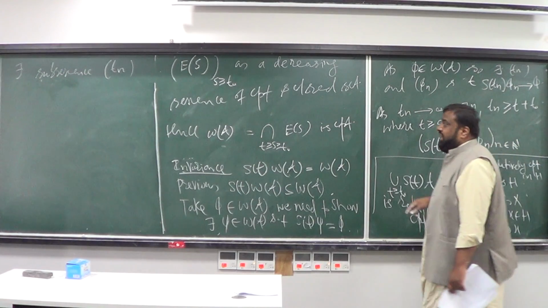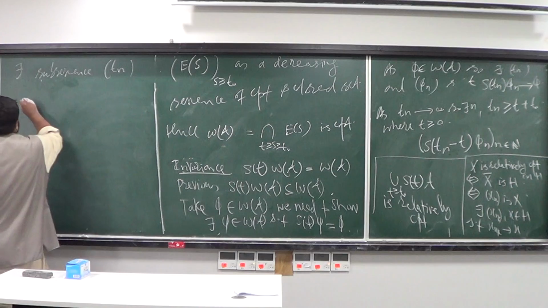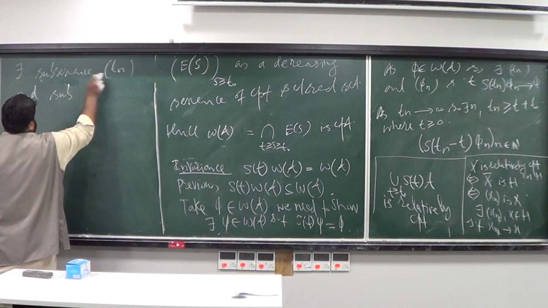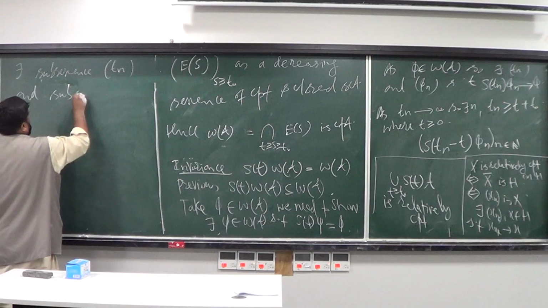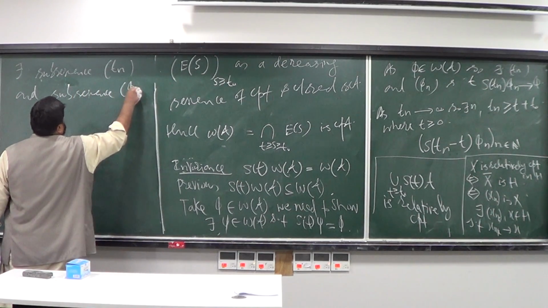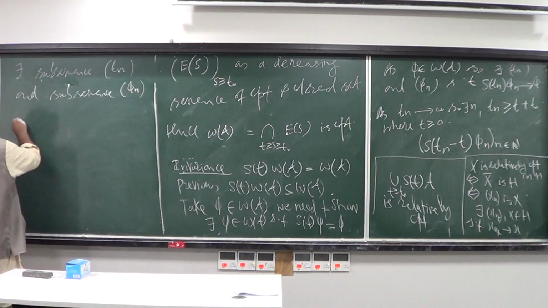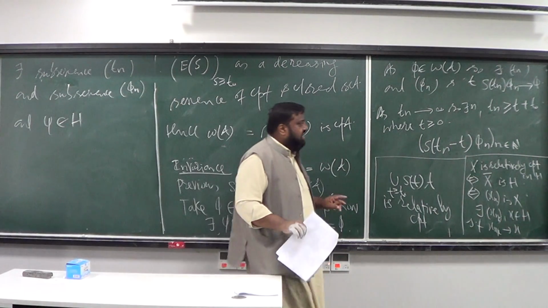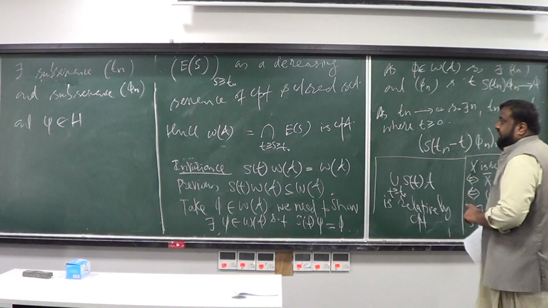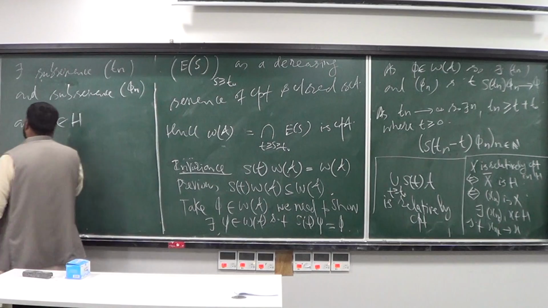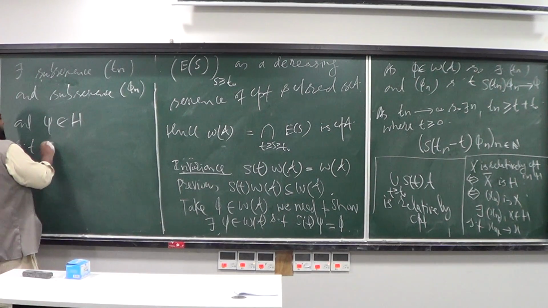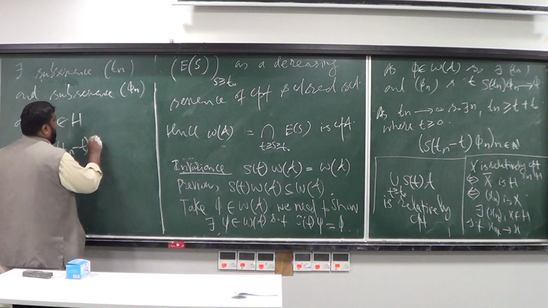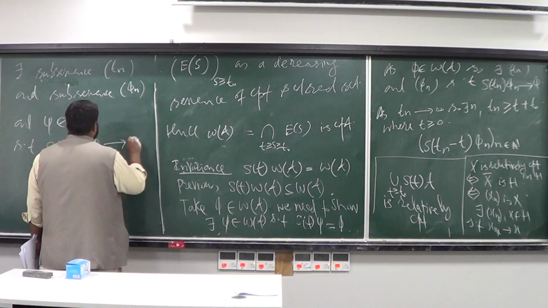I could write Tnk and phi nk, but for the sake of simplicity, I'm again calling it Tn and phi n, and a psi in H, such that S of Tn minus T operated onto phi n converges to this psi.